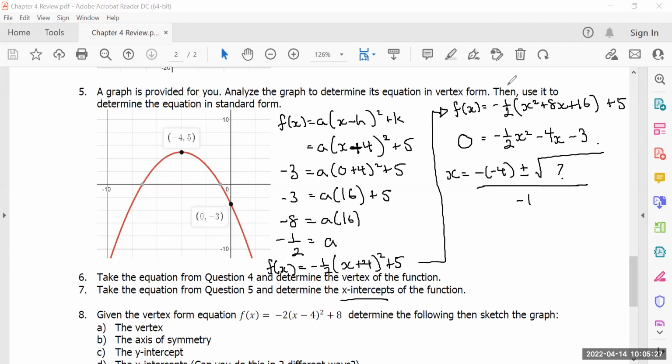That gives me 22. So this is going to be plus minus approximately 4.7. So that is 4 plus minus 4.7 divided by -1. x is going to be 4 plus 4.7. It could be -8.7 or minus 0.7 divided by -1.